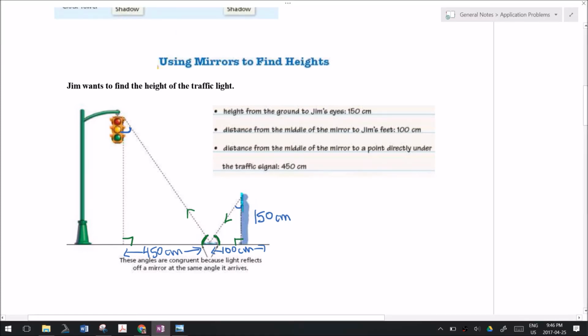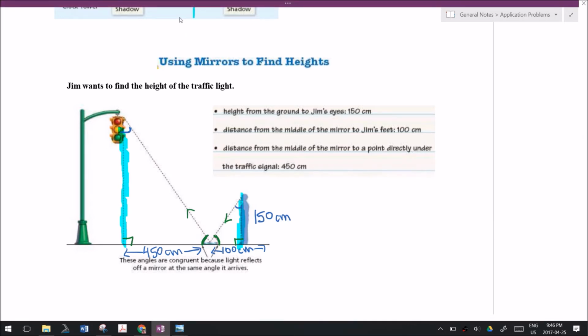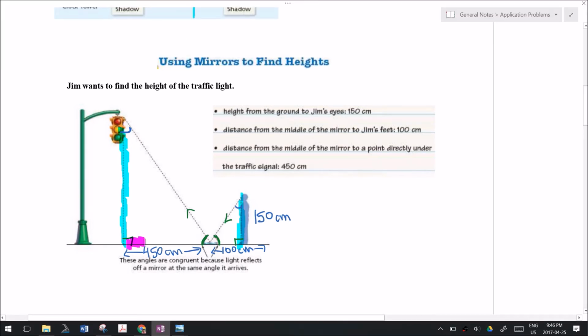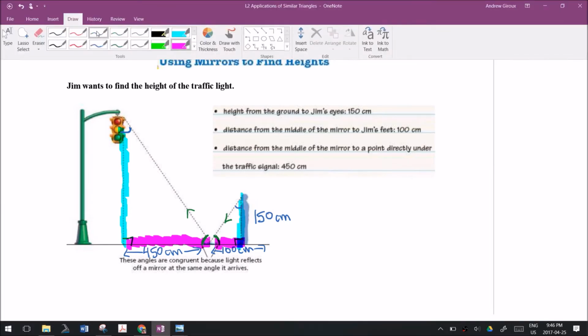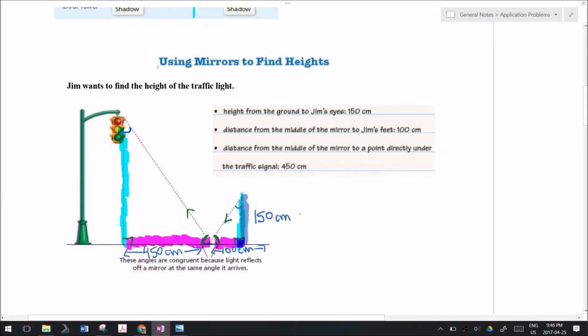In this case, this side corresponds to this side, and this side corresponds to this side. So if I work this out, then 150 divided by 100 should be equal to my unknown height, let's call this x, divided by 450.